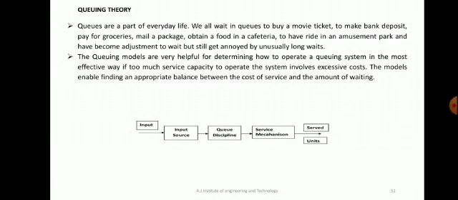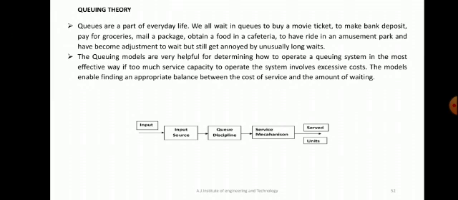The queues are a part of everyday life. We all wait in the queues to buy a movie ticket, to make the bank deposit, pay for groceries, mail a package, to get a train ticket, or obtain food in a cafeteria, to have a ride in the amusement park. We have become accustomed to waiting but still get annoyed by the unusually long waits.